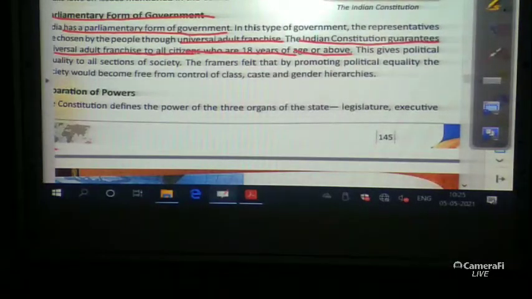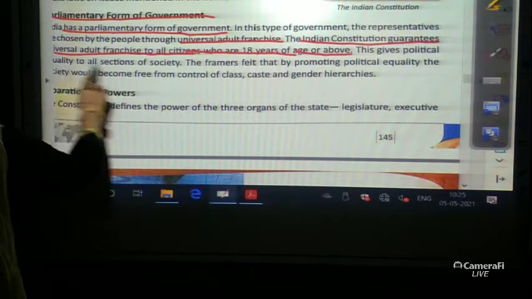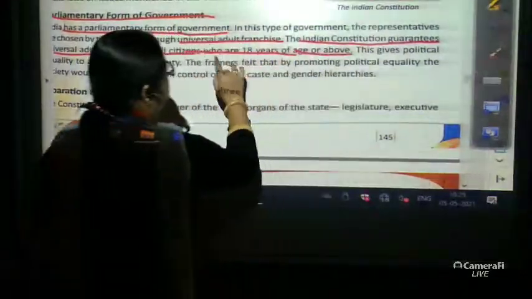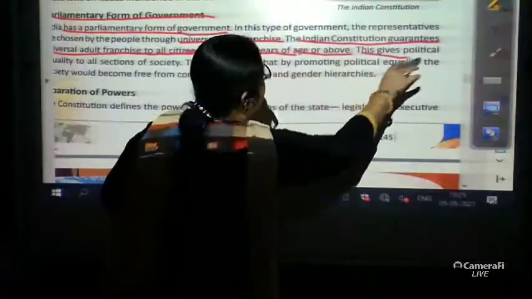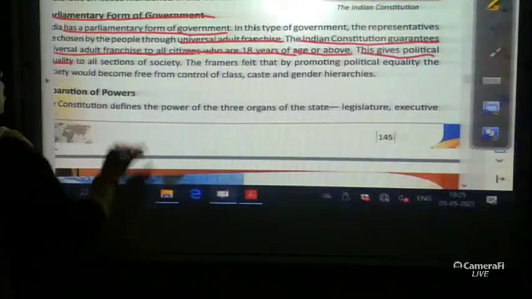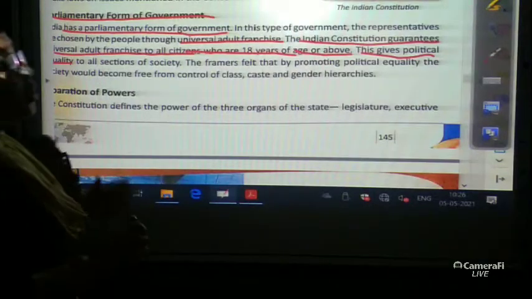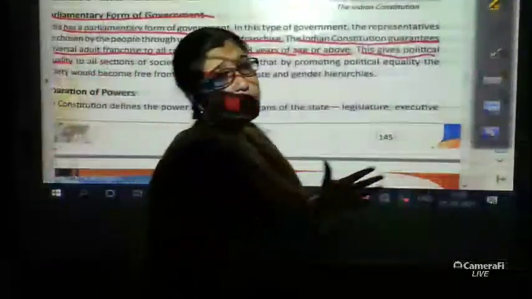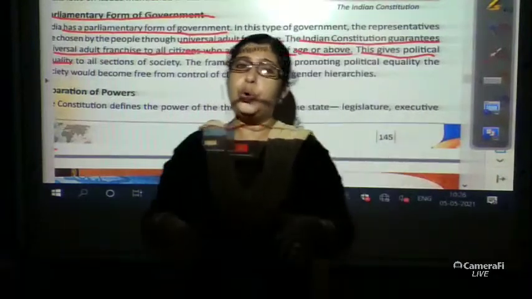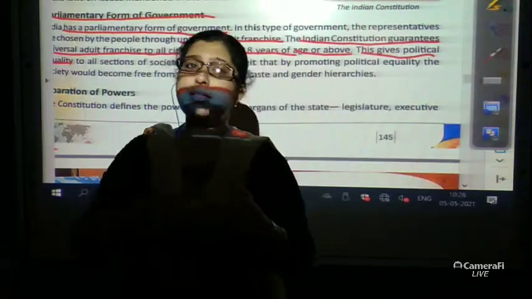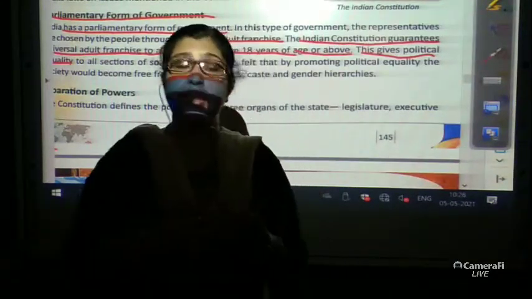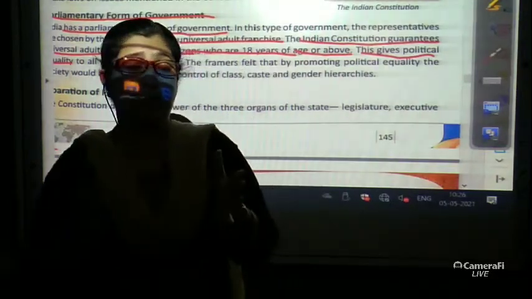This gives political equality to all sections of society. So in our society, all those who cross the age of 18 can give their vote and choose their representative.